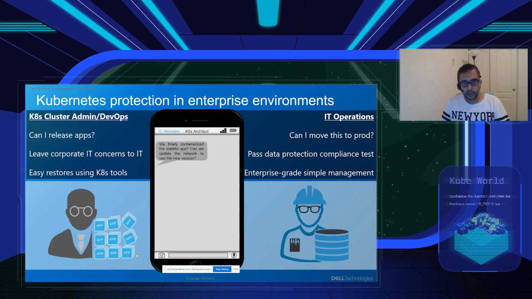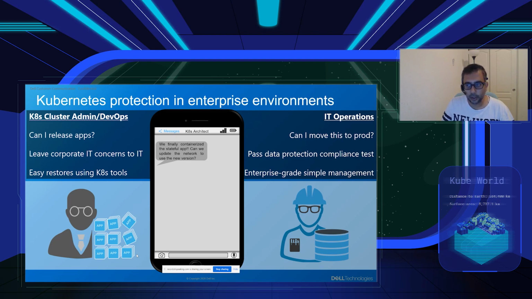So let's look at a typical IT setting where you have DevOps admins, you have IT admins, and the DevOps admins and the K8s developers. They are looking at releasing applications very quickly in an agile fashion using CI/CD pipelines. And typically the corporate IT concerns are left to IT, and they are looking for easy restores using K8s native tools.